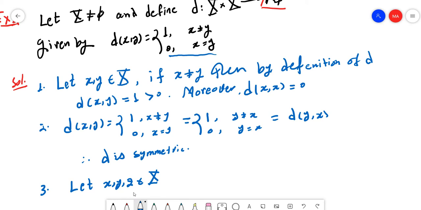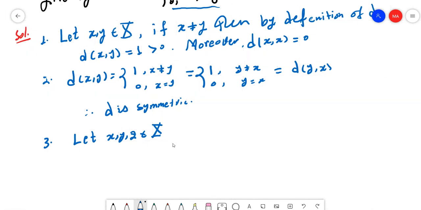The third case is when 2 points are equal but not equal to the third.